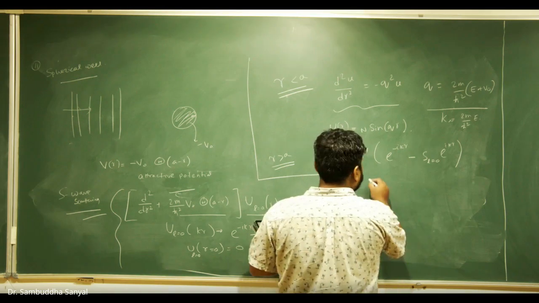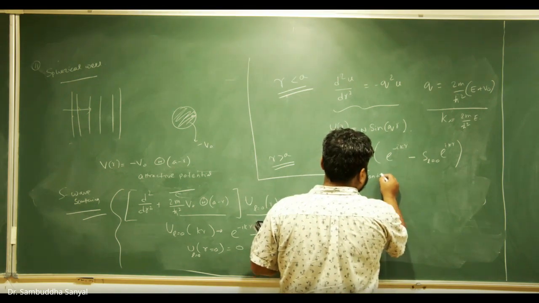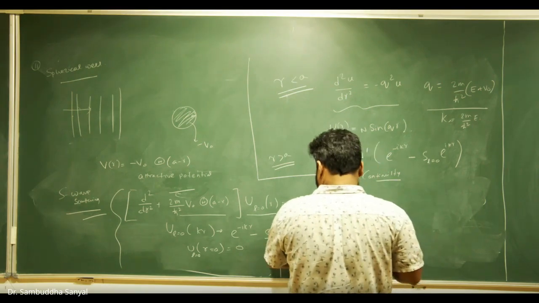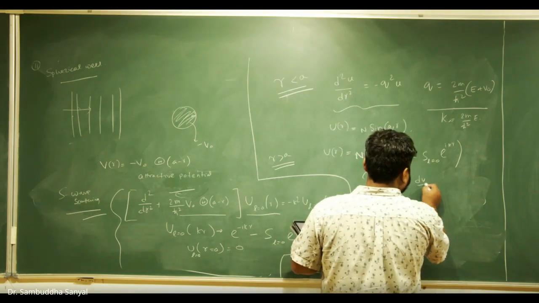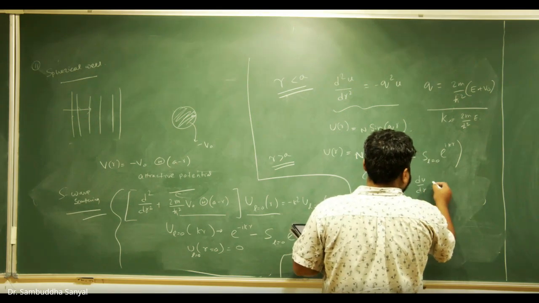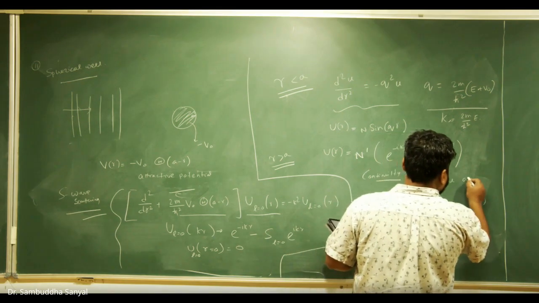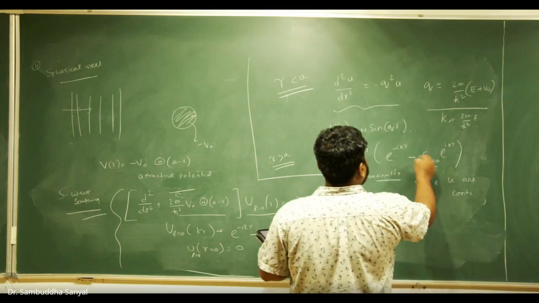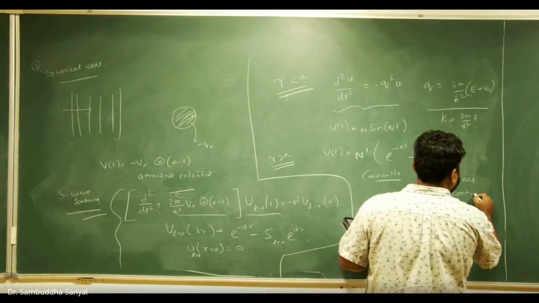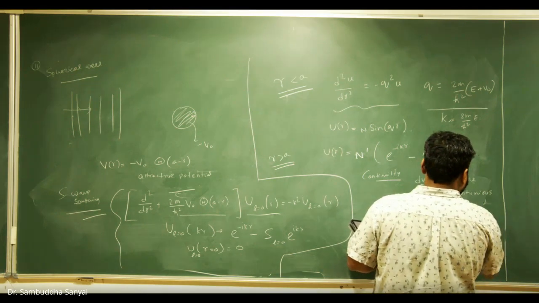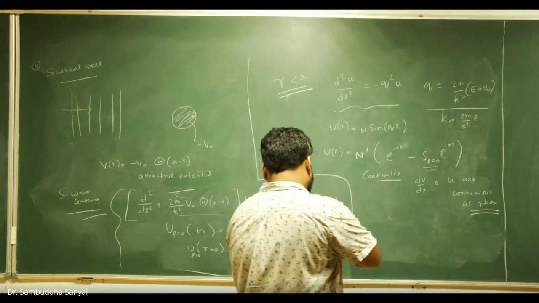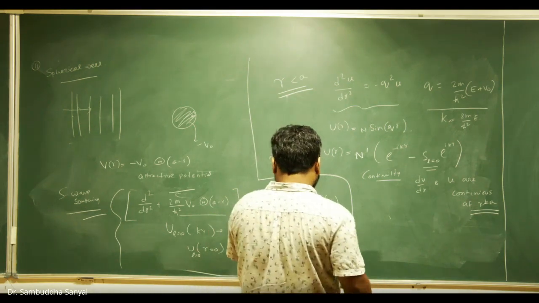Now we will use these continuity conditions, that du/dr and u are continuous, because that's what we did earlier to work out this kind of coefficient, at r equal to a, and that will give me an expression like this.